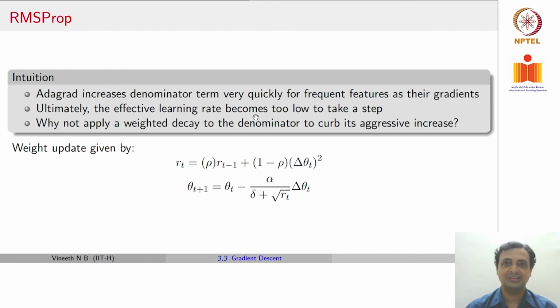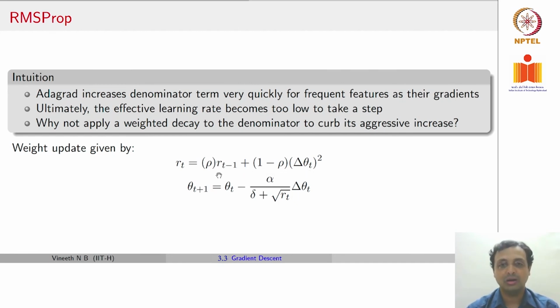RMSProp, which was a method that came along the same time as Adagrad, proposed a slightly different approach to this problem and said, let RT be a convex combination of RT minus 1 and delta theta t whole square. What is a convex combination? Where you have rho times one term plus 1 minus rho times the other term. It's a linear combination where the two coefficients add up to 1.